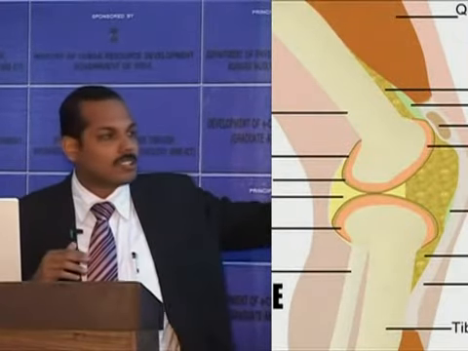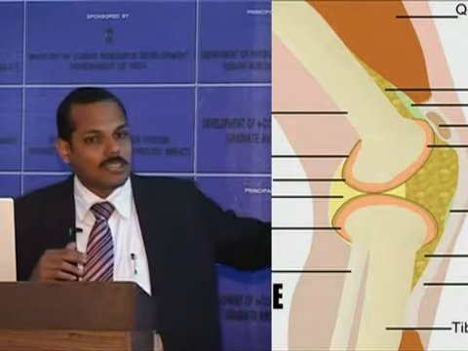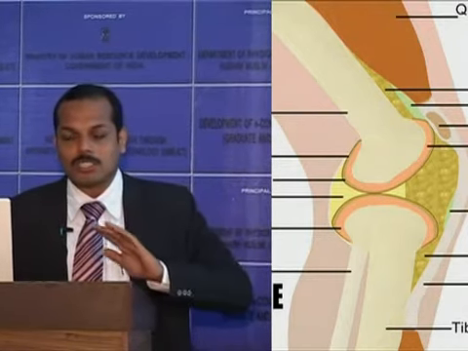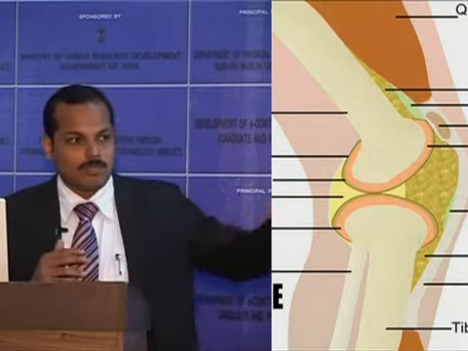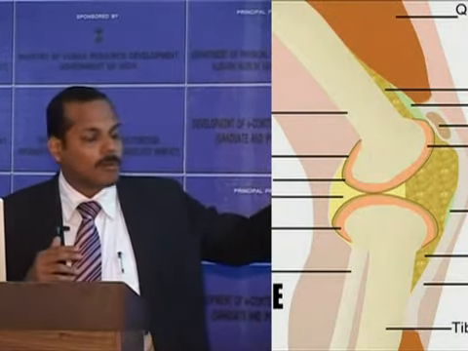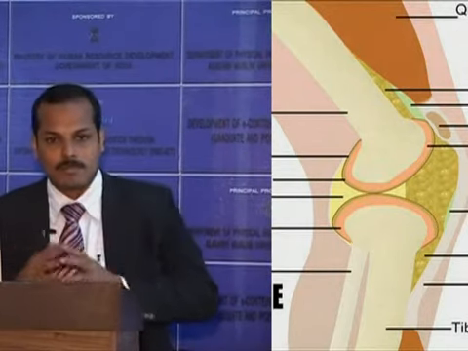First of all, we'll go through the importance of the knee joint. The knee joint is one of the largest joint complexes in the body, and like any joint, it has both mobility and stability functions. Usually the mobility function of a joint compromises its stability.